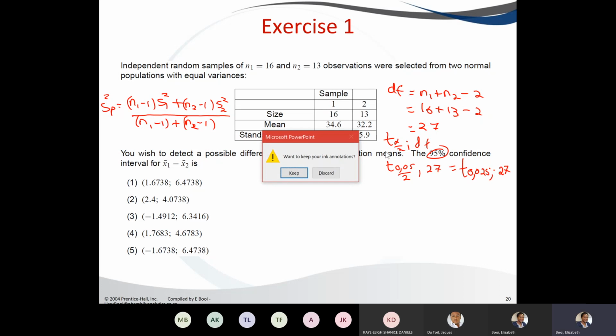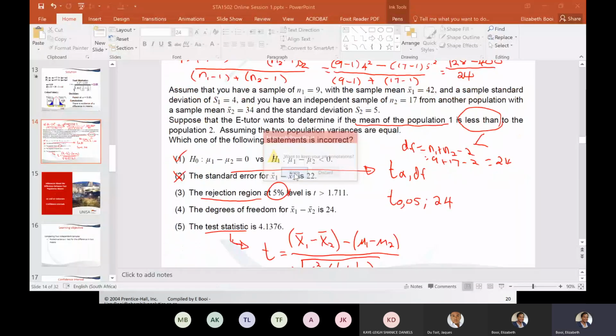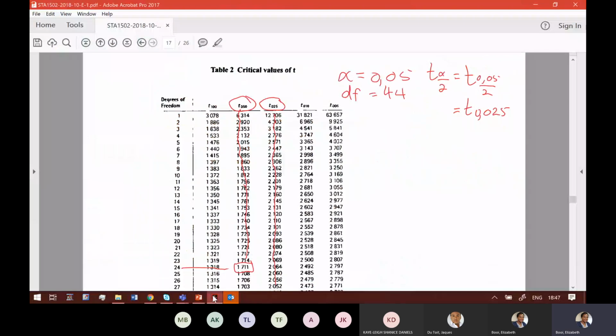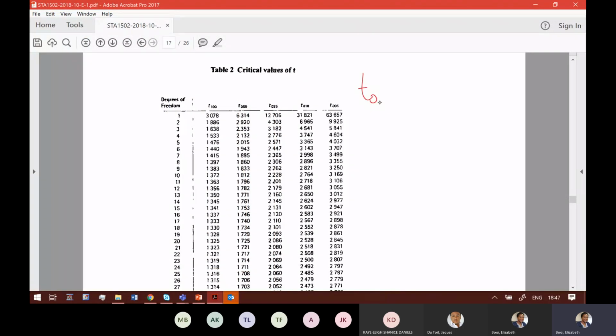Now we need to keep everything and go to the table, go under the T. Let me remove all the workings that we have. We know that we're looking for T alpha 0,025 and 27.